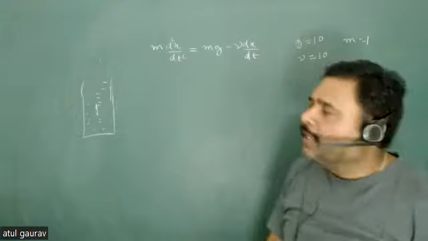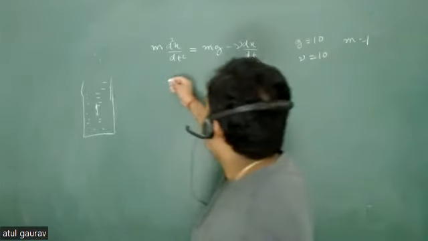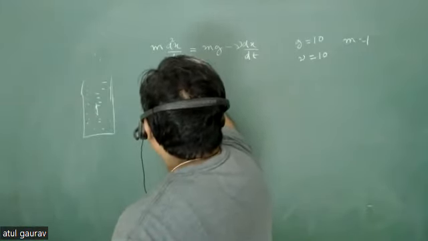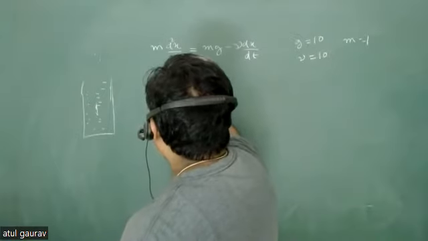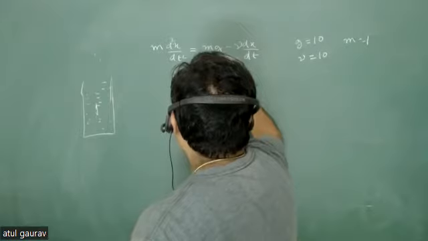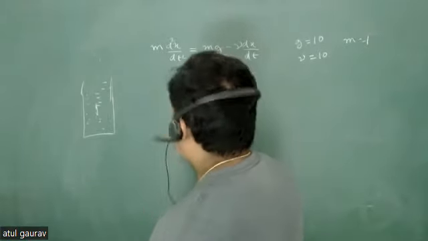Okay, let's try to solve this particular problem. How you will solve it? So you will just go for dv/dt is equal to 10 minus 10 v, isn't it?